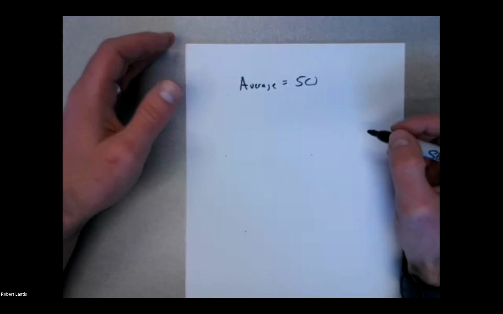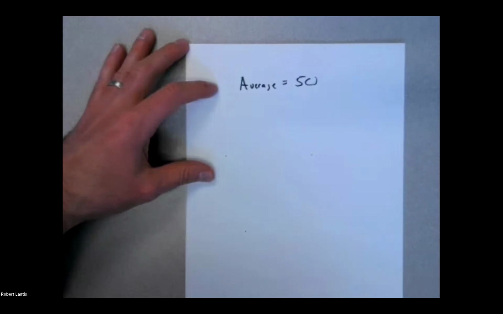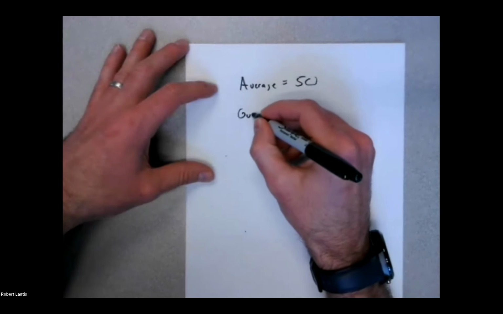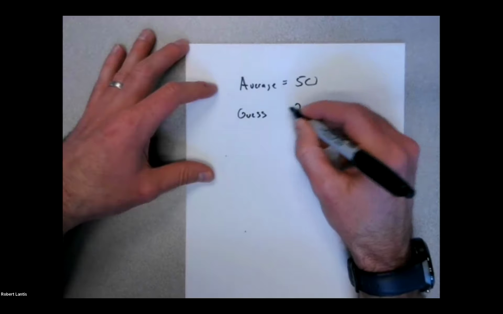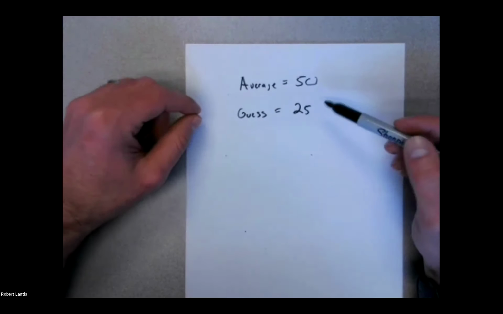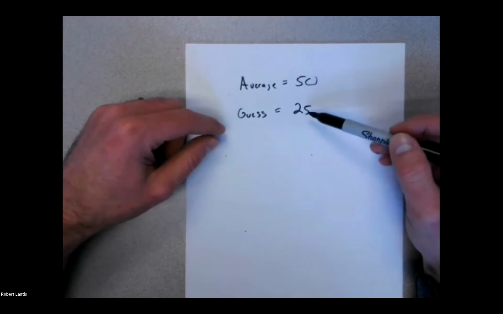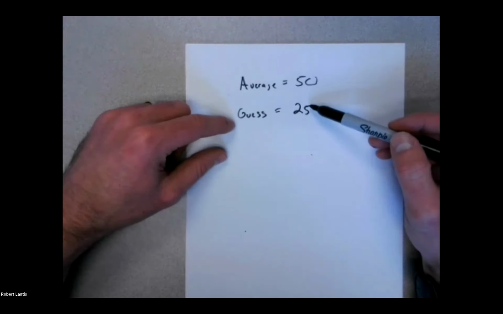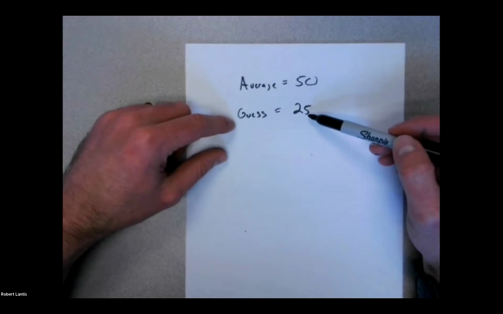But remember, to win this game, I need to guess half of the average. So what am I going to guess? Well, I would guess 25. But I know that everybody else also knows this rule. So everyone else is going to try to also guess 25.